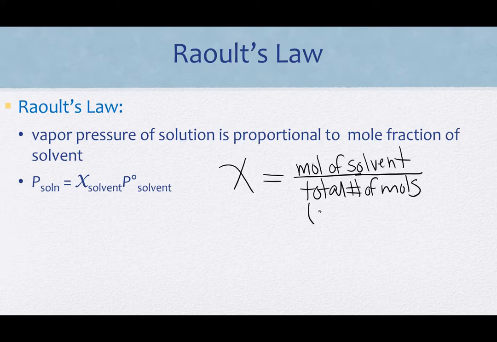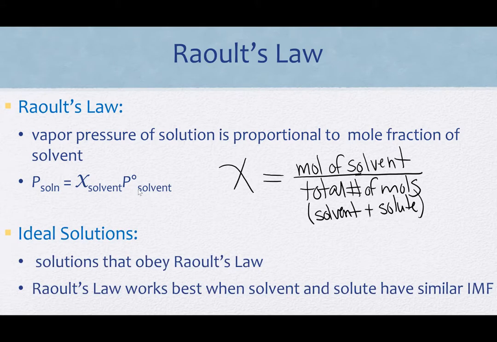So that's going to be solvent plus solute. Okay. So the number of moles of solvent, whatever the greatest proportion is, divided by the total number of moles of stuff or particles in the solution. So that's going to be the moles of the solvent particles and the moles of the solute particles added together. Okay. The number on bottom will always be bigger. The number on top will always be smaller. Okay. So this will always be a decimal. Okay.